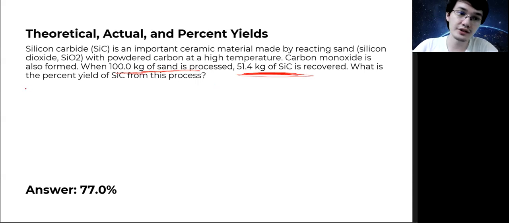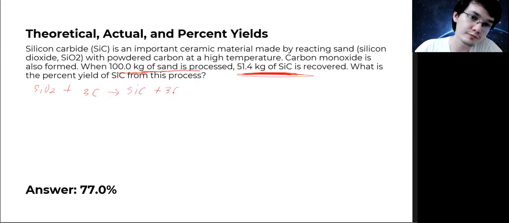So first, we set up the chemical equation. I will go straight to it. So now we find the theoretical yield based on 100 kilograms of sand as the initial reactant.